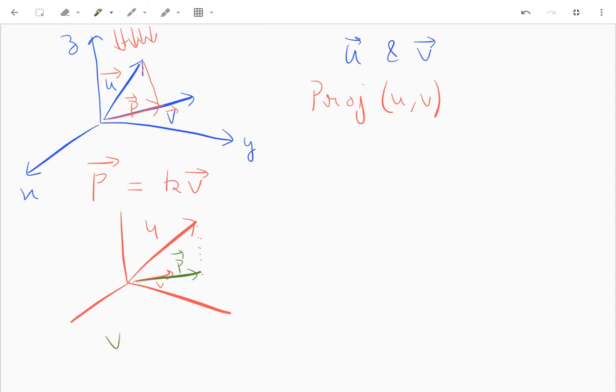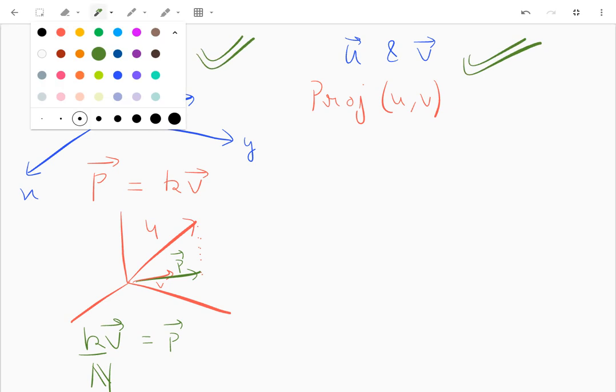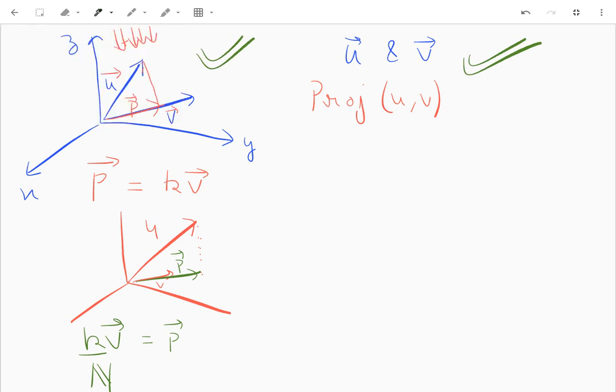So in this case, if I had written some k times v is p, then k would have been a natural number, right? But it is pretty basic. We'll focus on the earlier case.